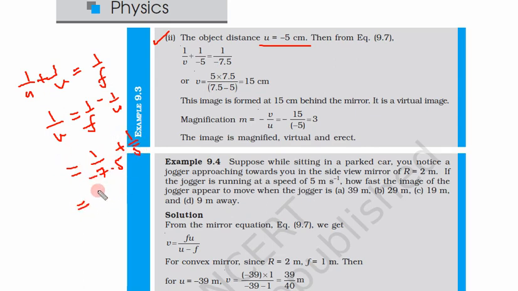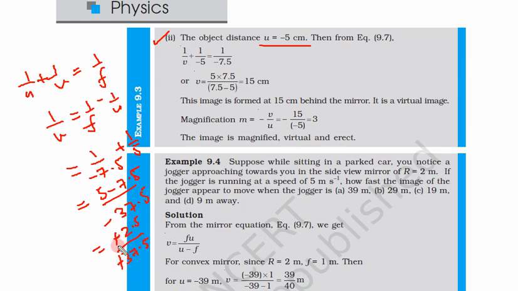So let us calculate this. If we calculate, we get this 5 in positive minus 7.5, and multiplication of these two is 37.5 negative. So from above, what do we get? We get minus 2.5, and from the denominator we get minus 37.5.